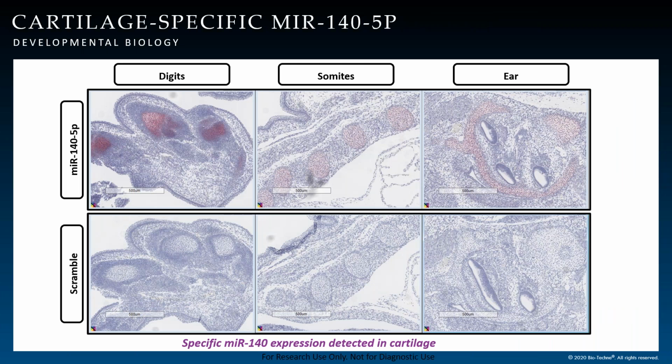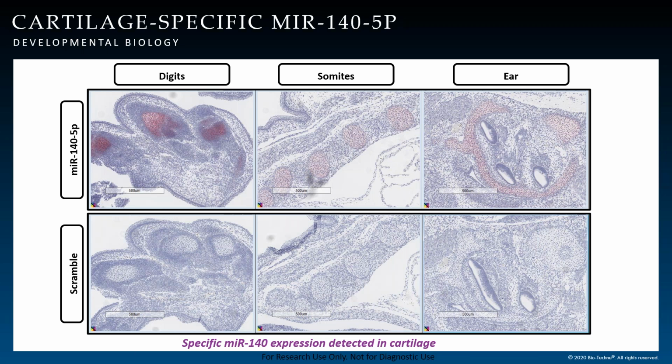Another microRNA in developmental biology that has been widely studied is miR-145-5P. And again, this is another embryonic sagittal section of an embryo at E15.5. And what we can see here are three different areas within the embryo. The first area is the digits, second column is the somites, and then the third is the ear.